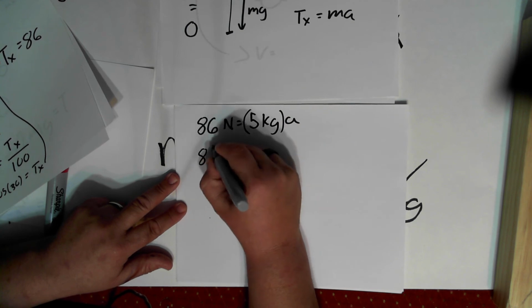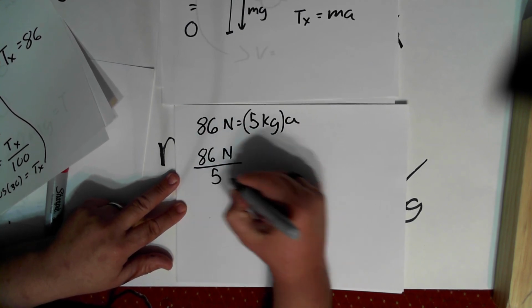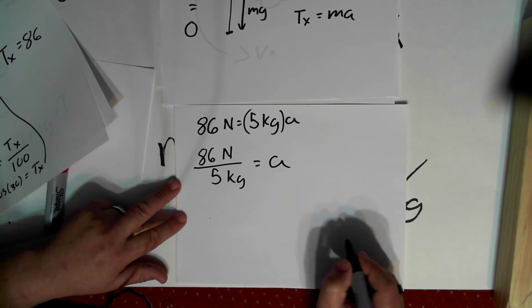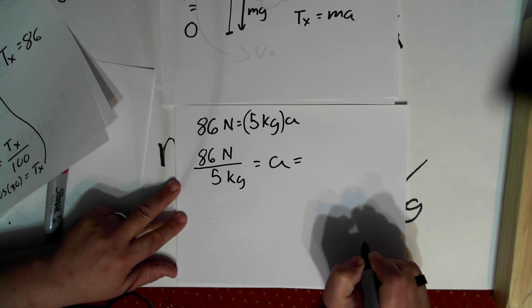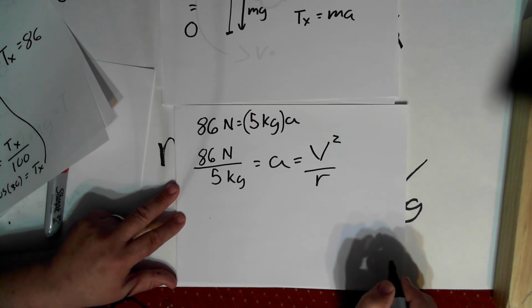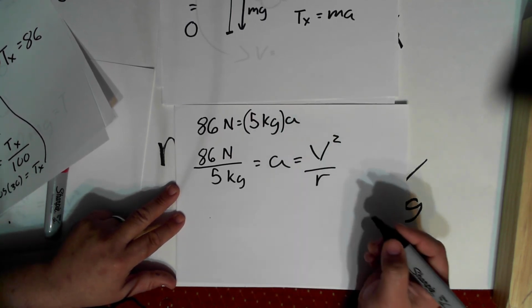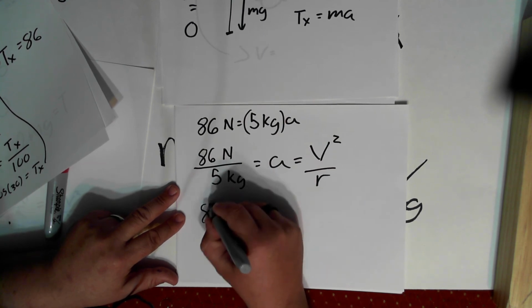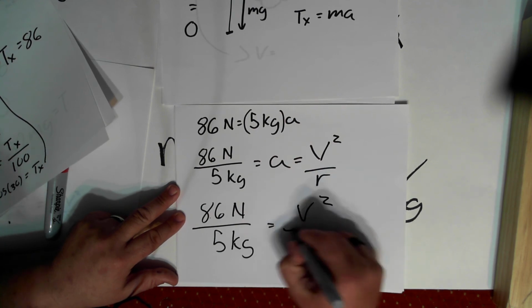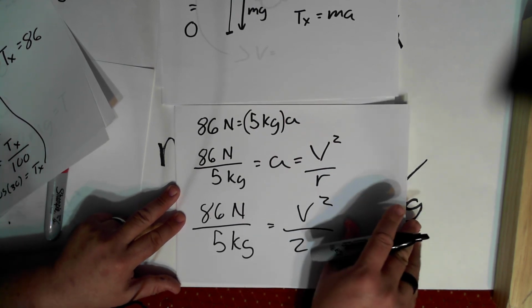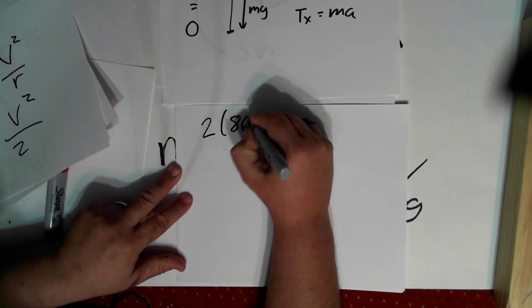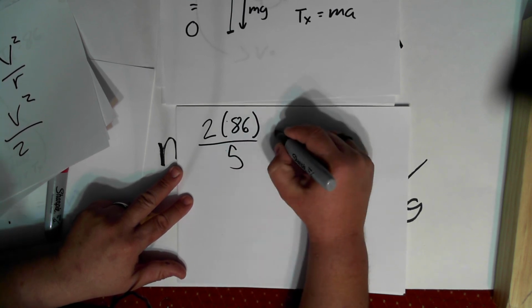Because the object is moving in a circular path, that acceleration is equal to v squared over r, and I already know that my r is 2. So I'm left with 86 newtons equal to 5 kilograms times v squared over 2.